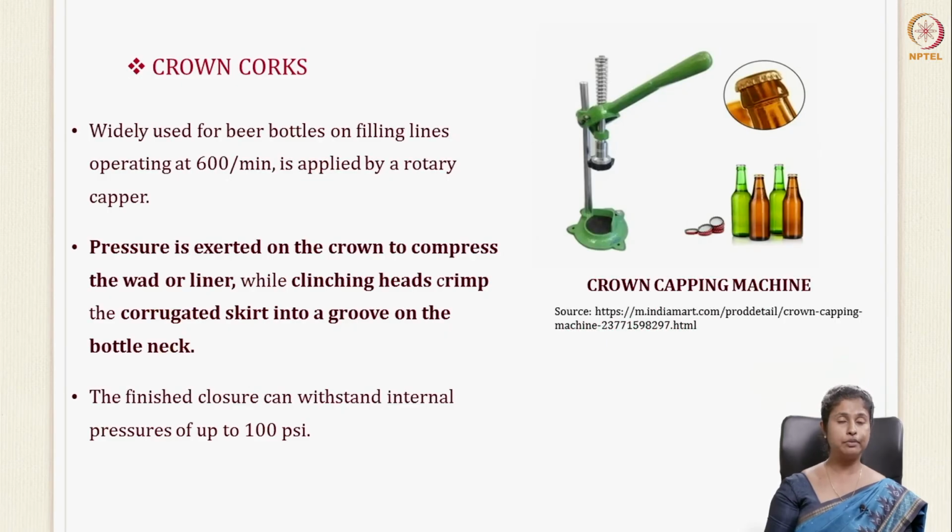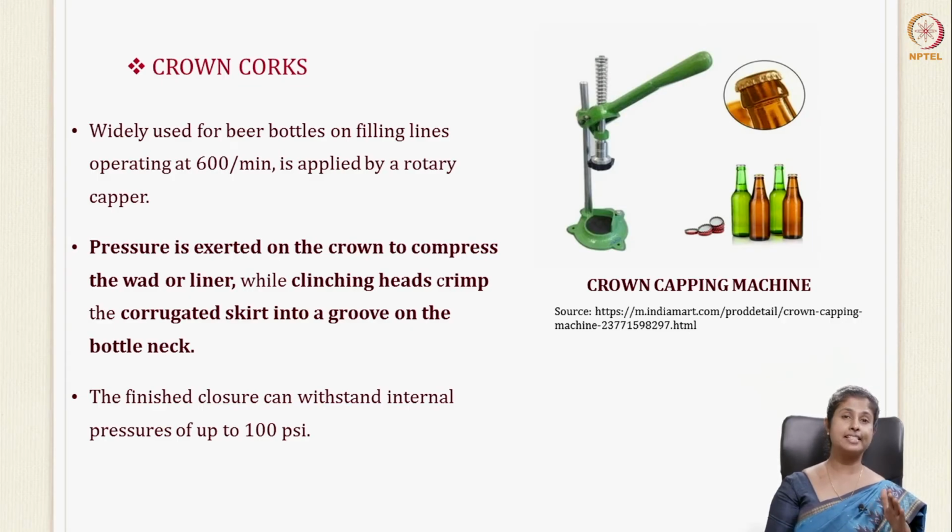A third type which you must have seen in many of the carbonated beverages is the crown corks. Now the crown corks, if you've noticed, underneath these crown corks, they have a liner, or it's called a wad, that gives that extra airtight seal. So this is usually used in beer bottles, in bottling lines which operate at a speed of 600 per minute.